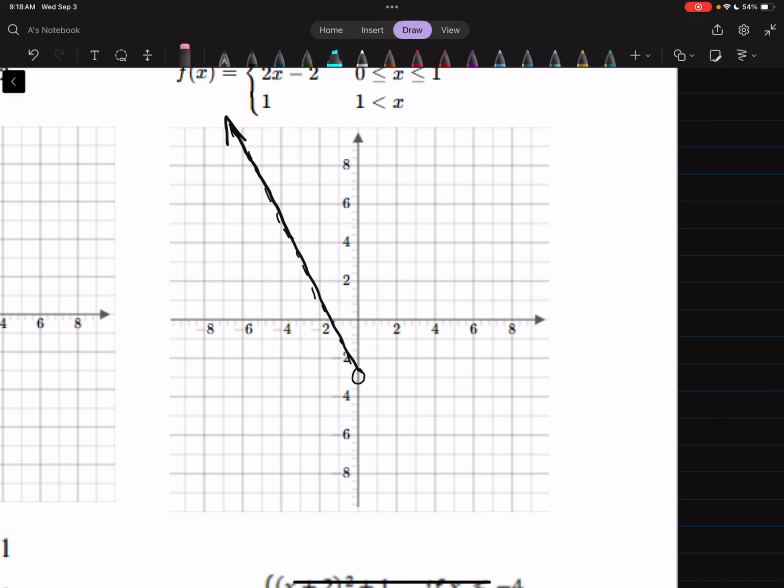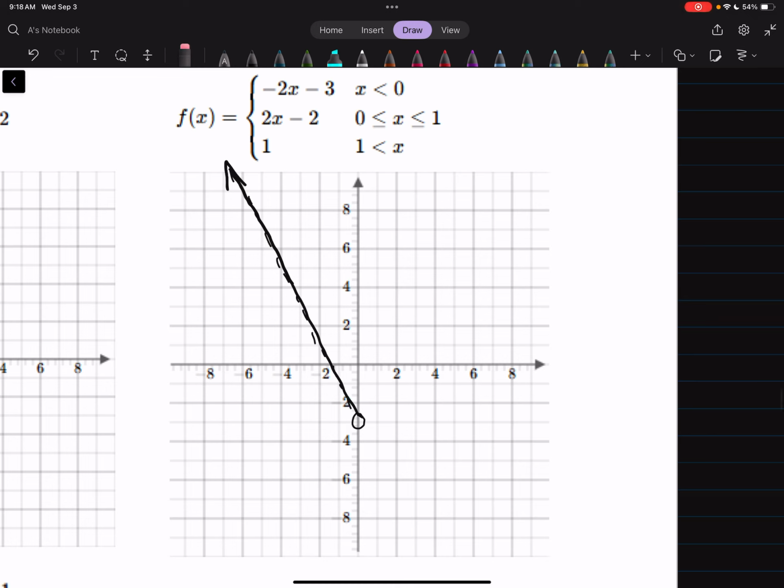For 2x minus 2, I know my y-intercept is at negative 2, and my slope is positive 2. So down left 1 to go in the left direction, and up right 1 to go in the positive right direction.